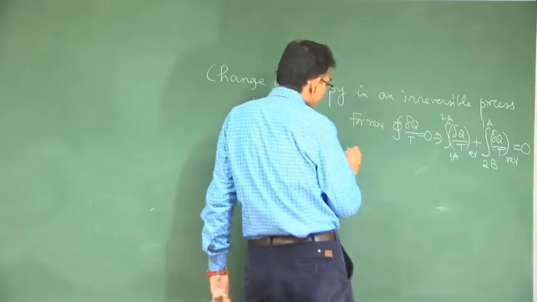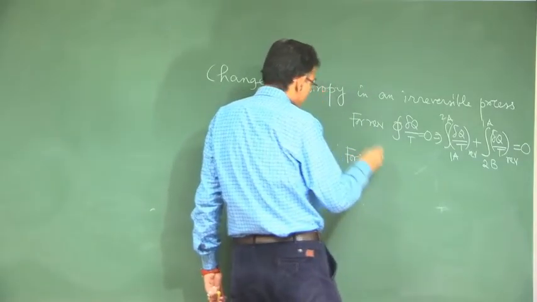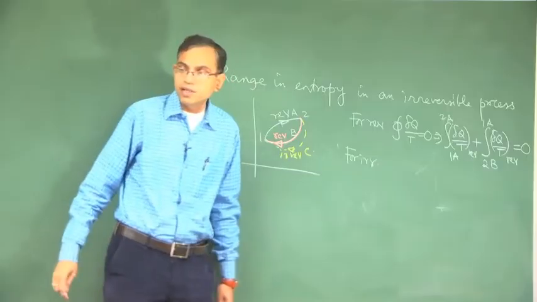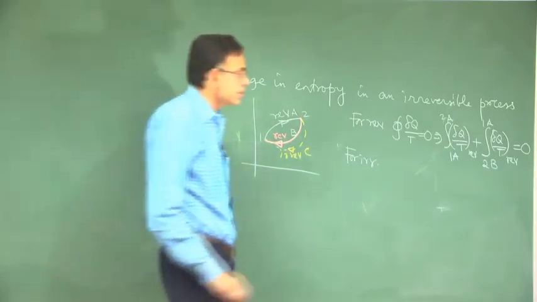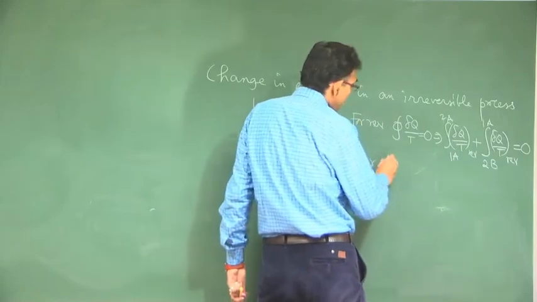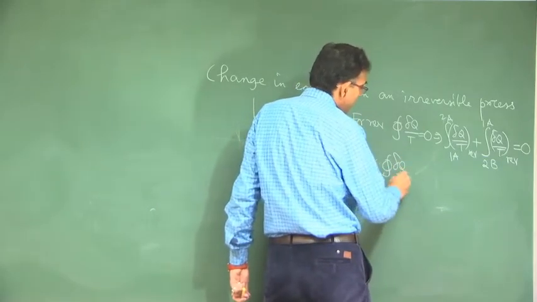For an irreversible cycle, if one of the processes in the cycle becomes irreversible, it becomes a completely irreversible cycle. So, the cyclic integral of del q by T is less than 0.